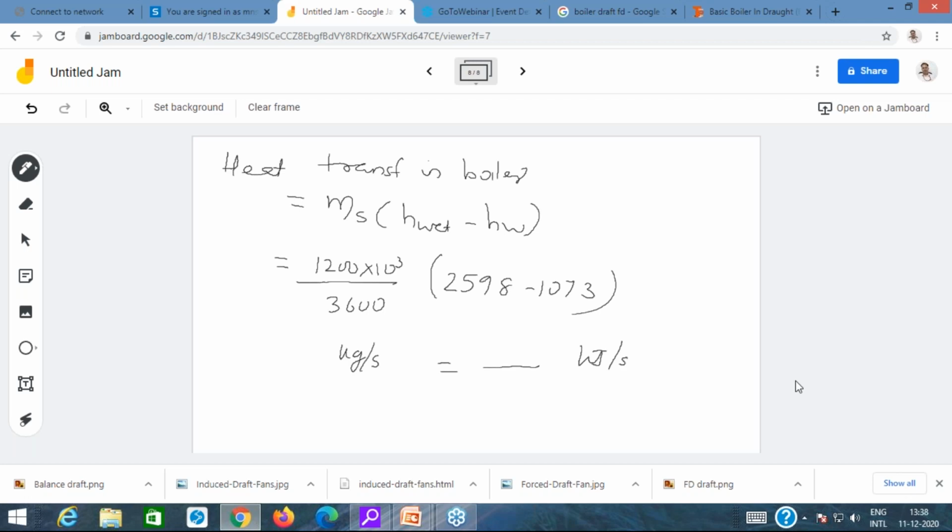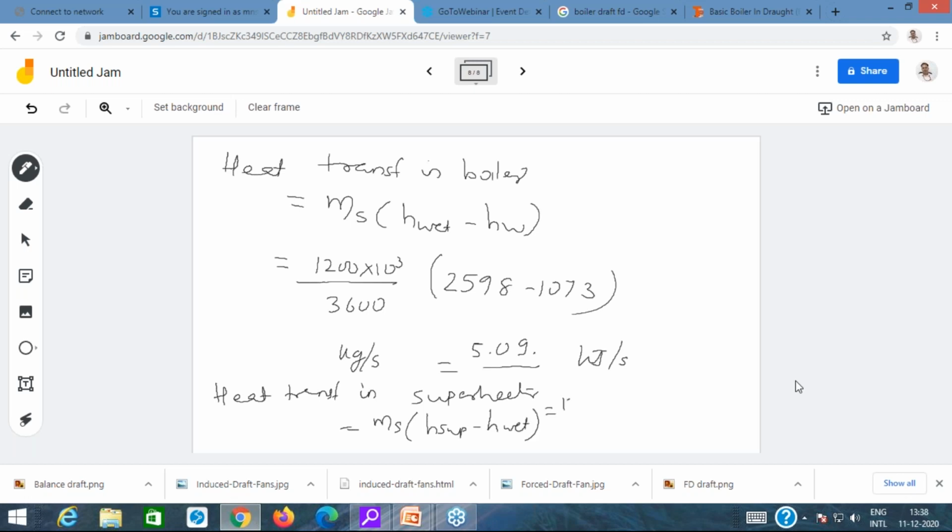Okay, and Saurabh has given me this answer as 5.09. So I'm assuming Saurabh has done the calculations correctly. Similarly, the heat transferred in superheater would be M of S into H of superheated steam minus H of wet steam.